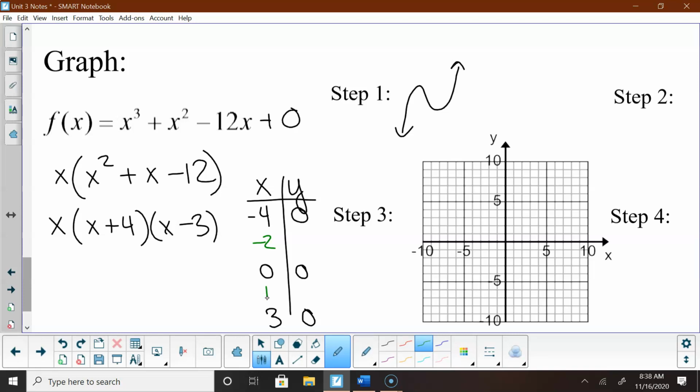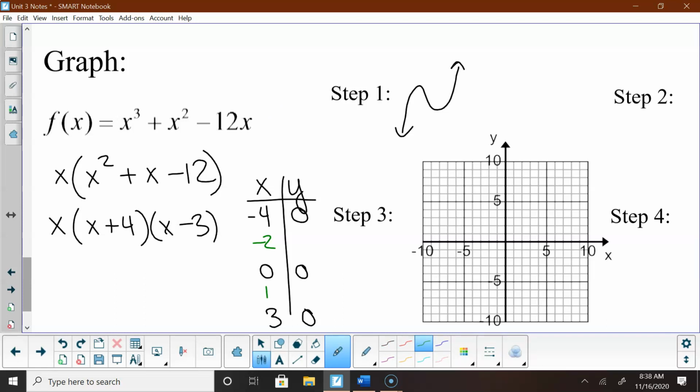Now, do you guys like plugging those next 2 into whatever you've got factored? Okay. So this half of the room, you guys want to check negative 2?